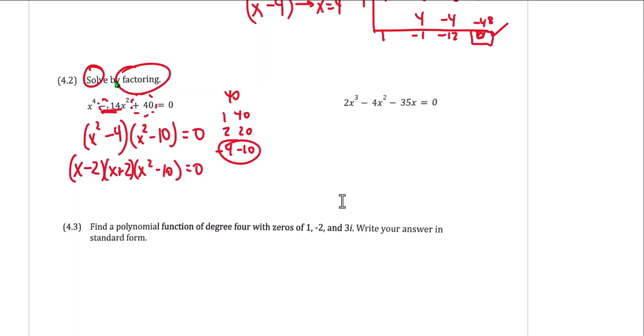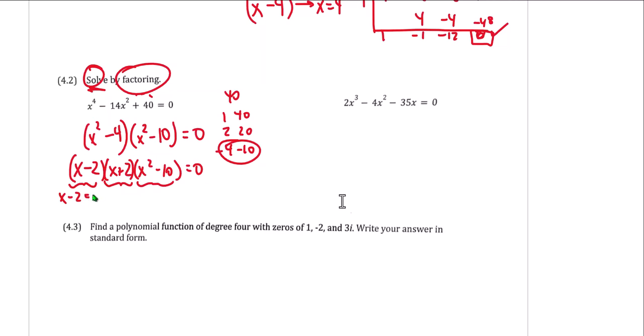So in terms of solving, we need to actually find the x values that solve these equations. So remember, solve this equation. We need to find the x values that will make this equation true, that will satisfy this equation. So we do what we always do. We set each of these factors equal to 0, because if all three of these multiplied together have to give us 0, then one of these factors would have to be 0.